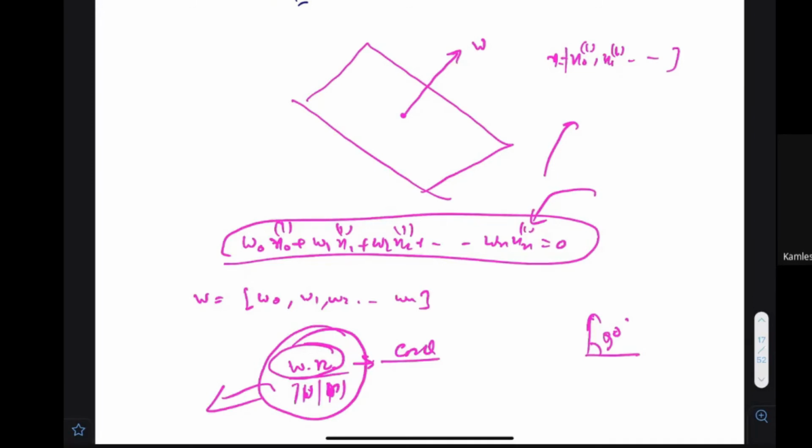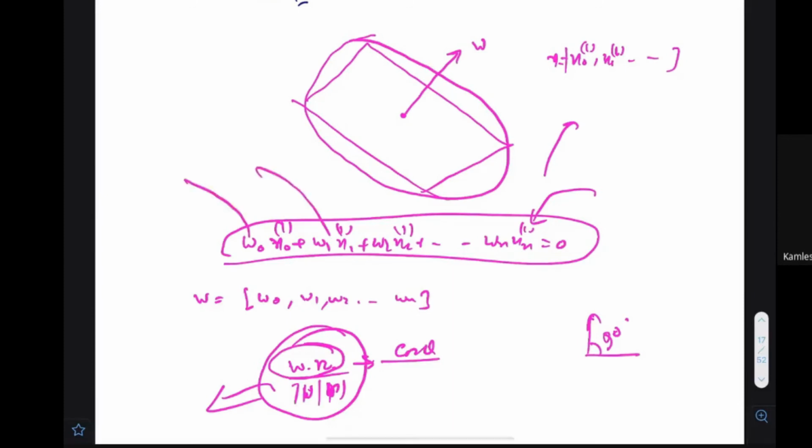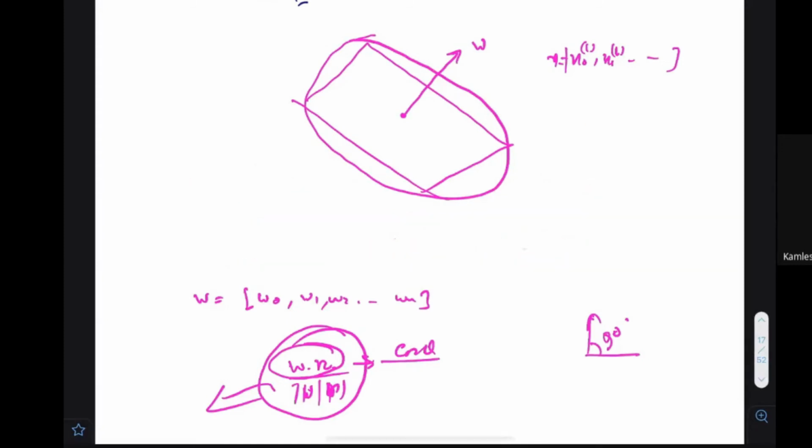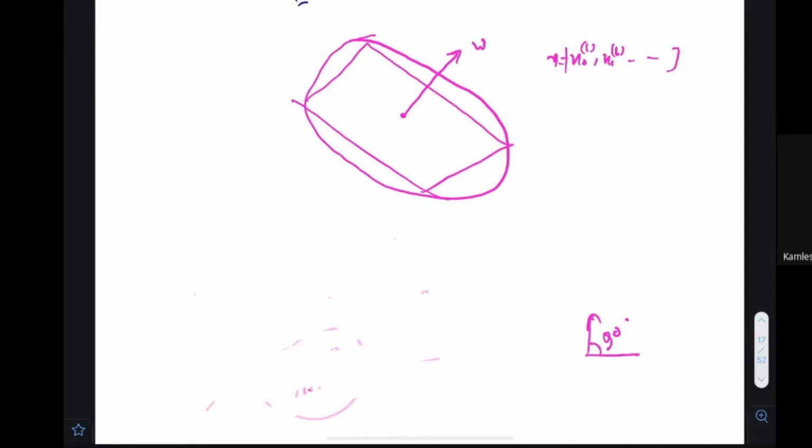So ultimately, what I wanted to tell you is that if you have a hyperplane and you collect all these values, it becomes a vector, and this vector is perpendicular to your plane. Everybody okay?